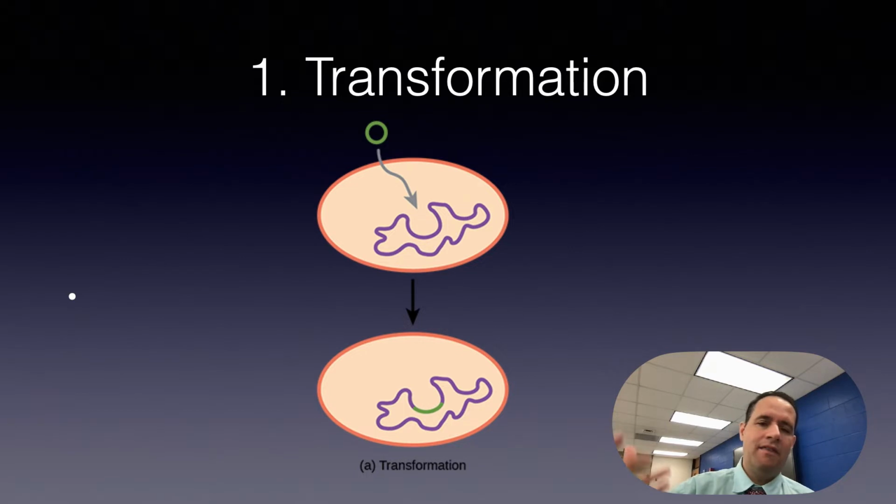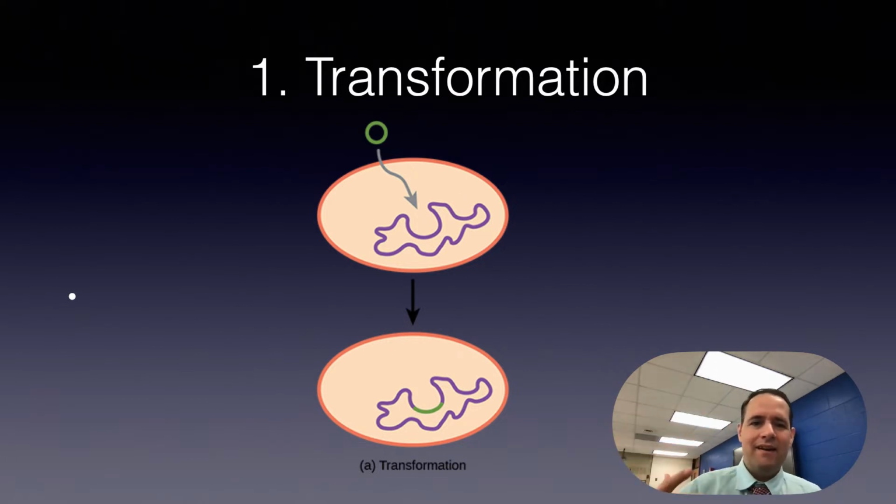If a non-pathogenic bacteria takes up DNA for a toxic gene from a pathogen and incorporates the new DNA into its own chromosome, it too may become pathogenic, okay? So think of the green little circle here as the bad influence on the DNA shown in purple.